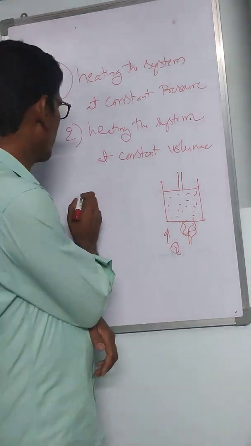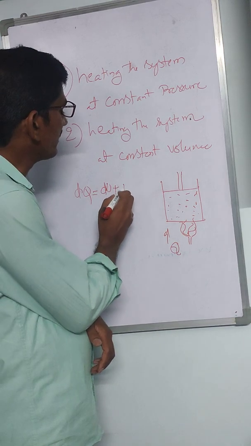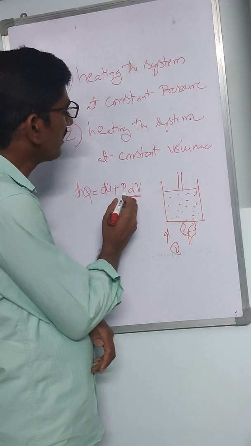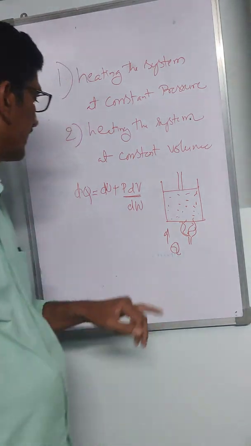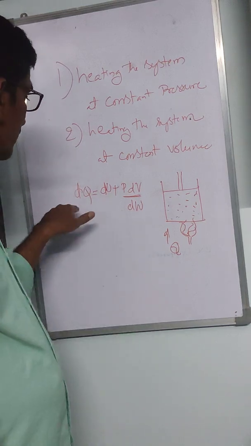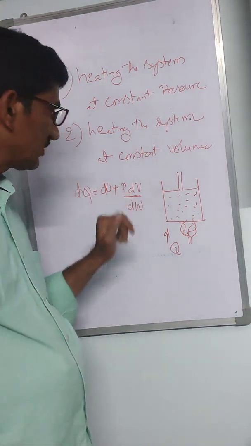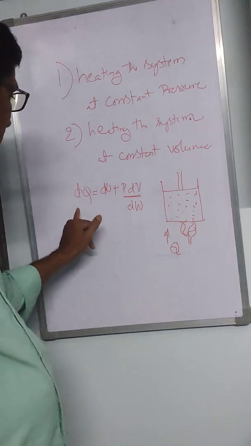What is the first law of thermodynamics? dQ is equal to dU plus P dV. What is this P dV? This is dW. So according to the first law of thermodynamics, dQ is equal to dU plus dW, or P dV.